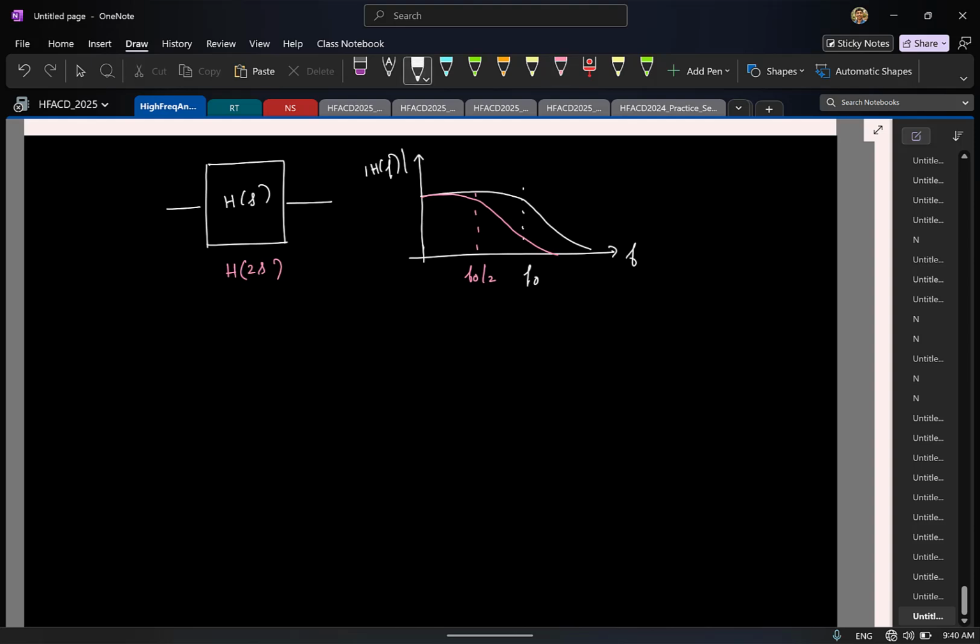So now all you need to do is the following. If you had a transfer function H of s, you want to make sure the transfer function realized is H of 2s. Right? Now can you think and tell me how can you scale s by 2 times s?